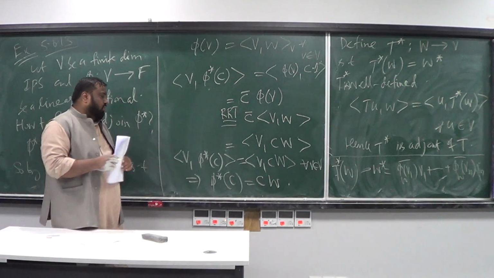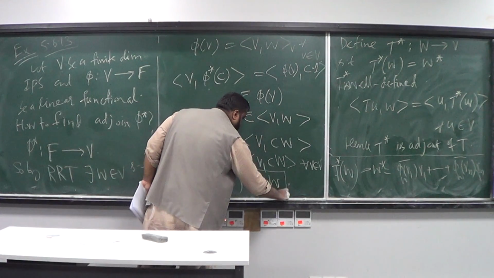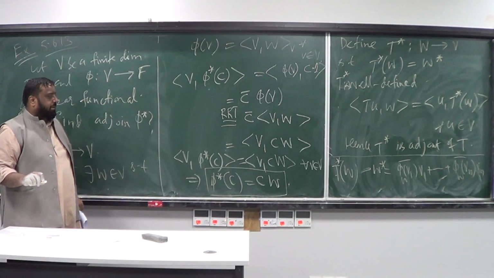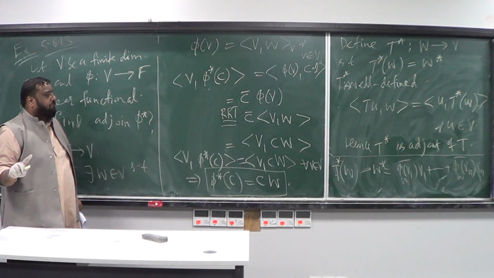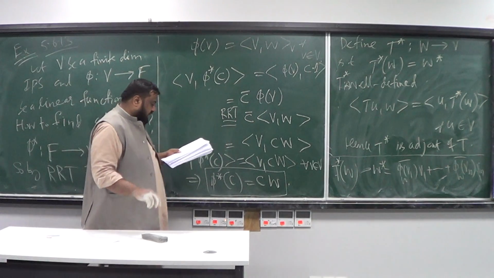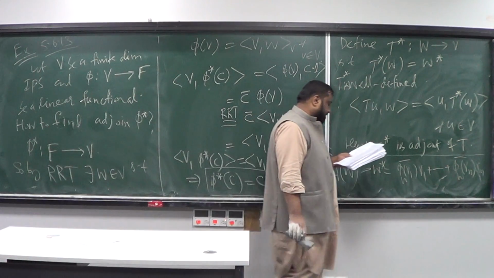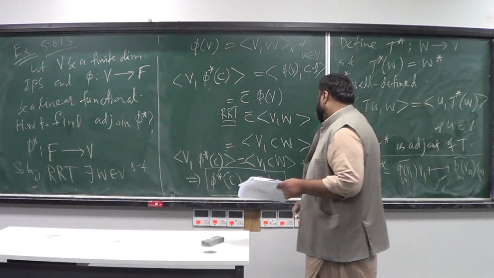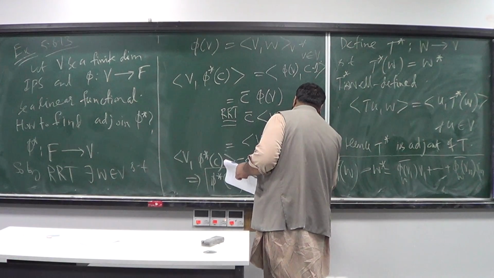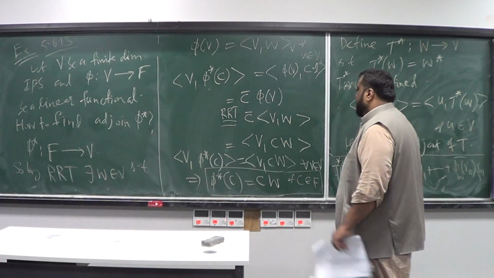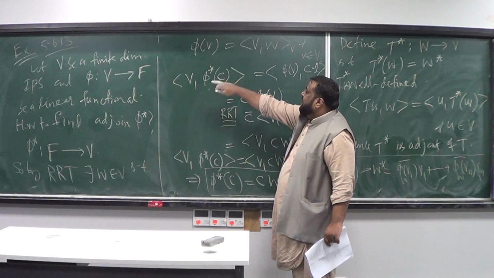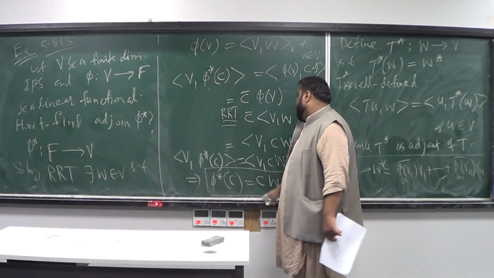So this is going to be an explicit formula for computing the adjoint operator, for all C in F. This is what the definition is. In other words, the adjoint of a linear functional is basically this.